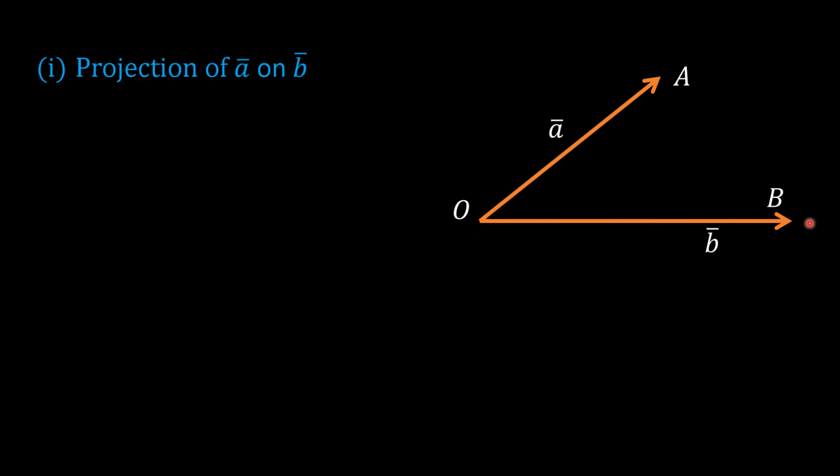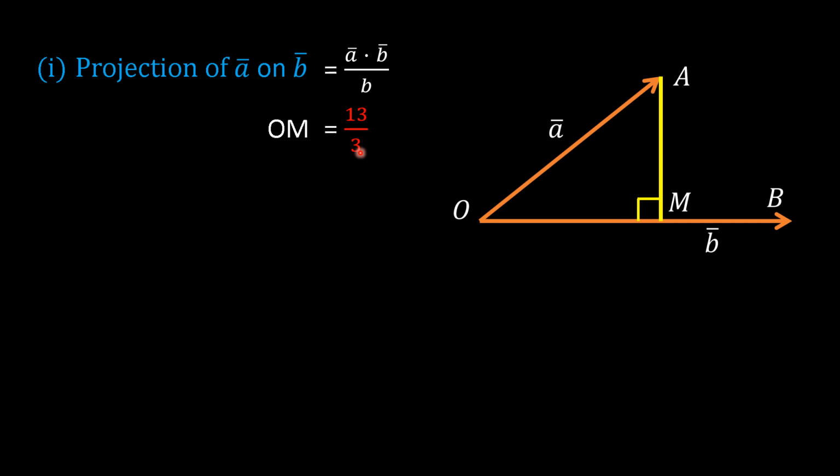Projection of A bar on B bar. Projection of A bar on the line of action of B bar is A bar dot B bar upon B. This is OM, and A bar dot B bar is 13 and B is 3, which we have already found out.